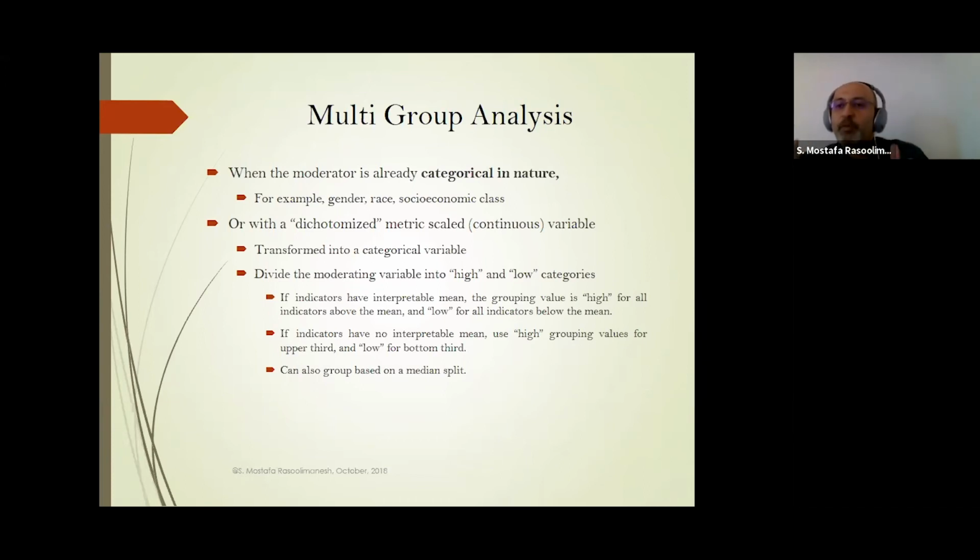For example, we have gender, and we want to apply multi-group analysis instead of interaction effect. We split our data into male and female, so we have two different data sets, and run the model using group 1 male and group 2 female, and compare path coefficients between group 1 and group 2.